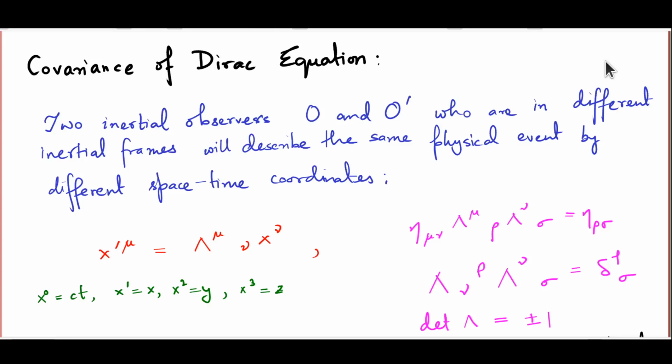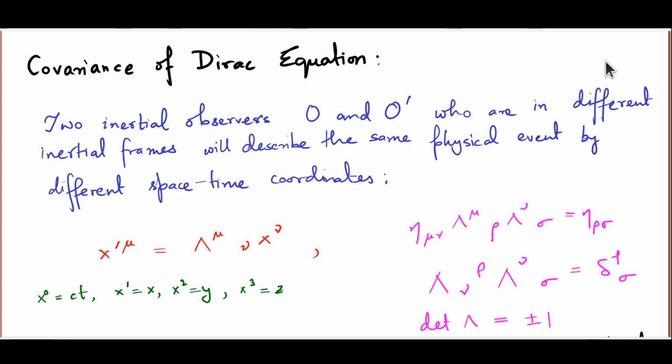Just in case you are not very familiar with what is going on here, let me point out that the eta mu nu sitting on the left of lambda mu rho would lower the index mu and convert it to nu. So you get lambda nu rho with both nu and rho sitting downstairs. But that's not a very useful quantity to talk about.